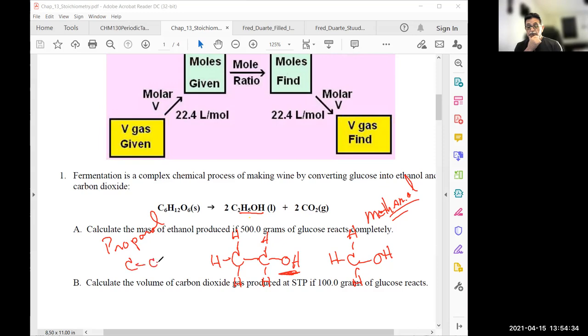That is 3 carbons with the alcohol group on the central carbon. That is the rubbing alcohol. But there are 2 types of propanol. That's that one. And the other type has the alcohol on the end of one of the carbons. So this is 2-propanol, and this is 1-propanol. I know that's a lot of information, but I just wanted to give you a side note about alcohols.